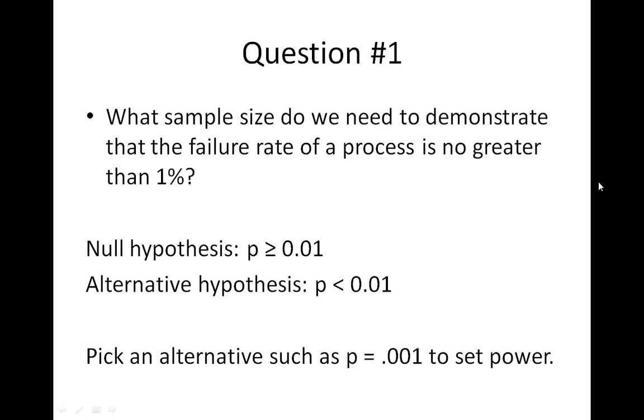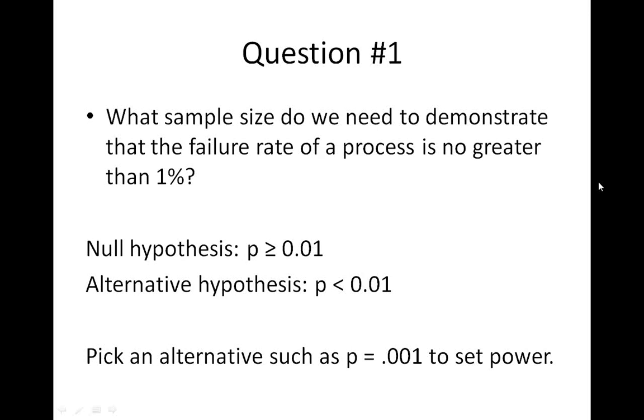If I understand the problem, they produce lots and lots of items. Imagine a bunch of items coming off some production line. They want to know what sample size is needed to demonstrate that the failure rate is no greater than 1%.